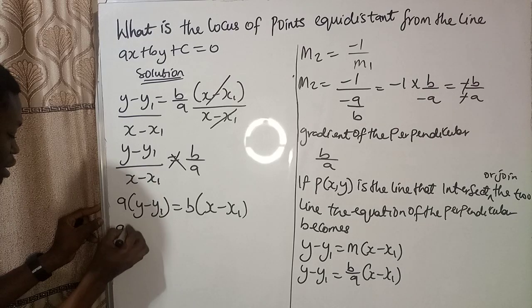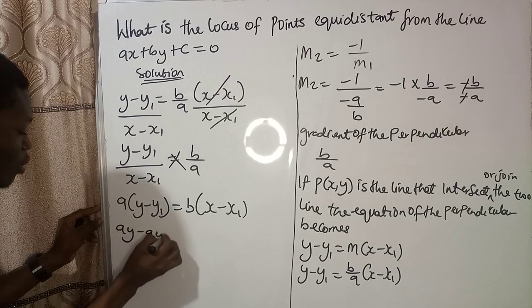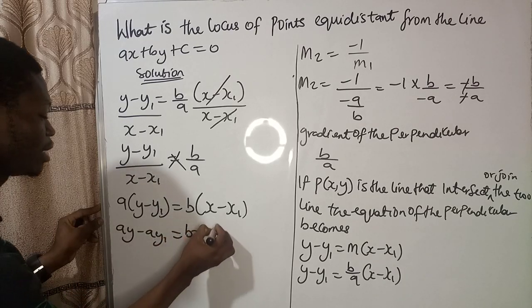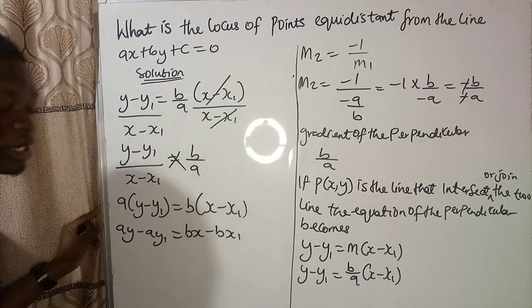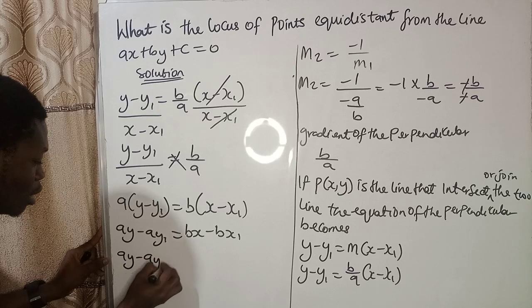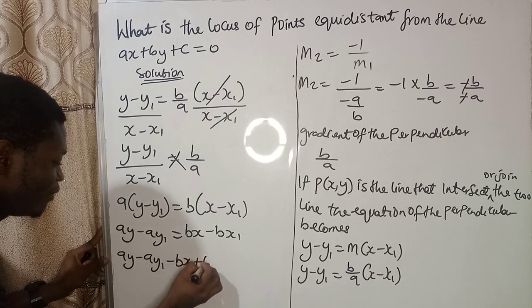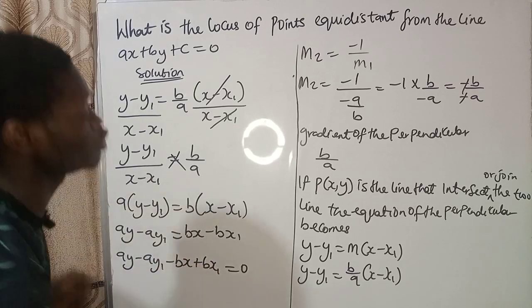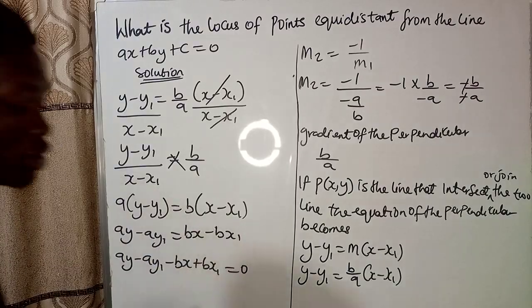Let's open the parenthesis. ay minus ay1 equals bx minus bx1. So let's move all this to the left hand side, which equals 0.